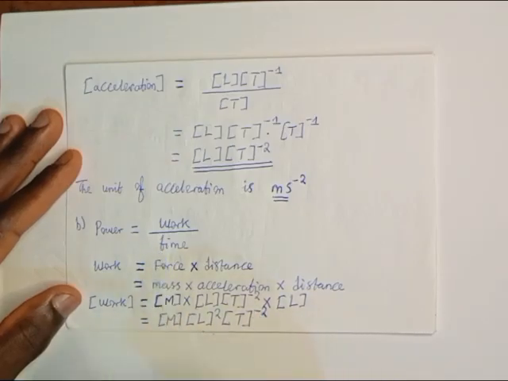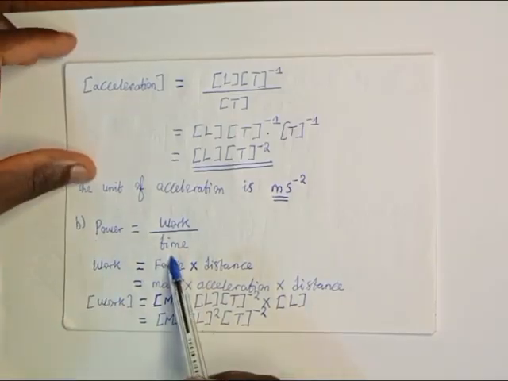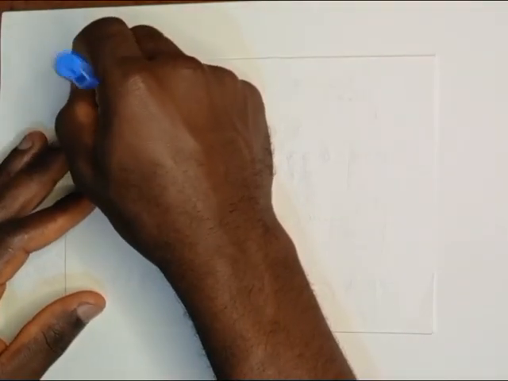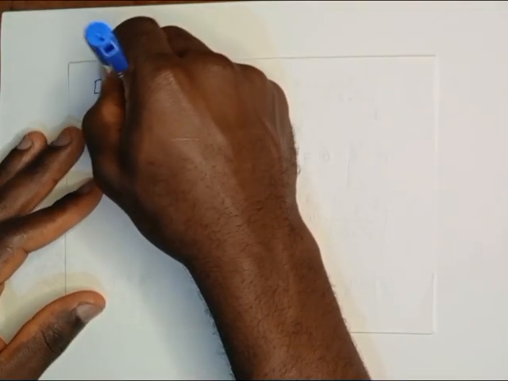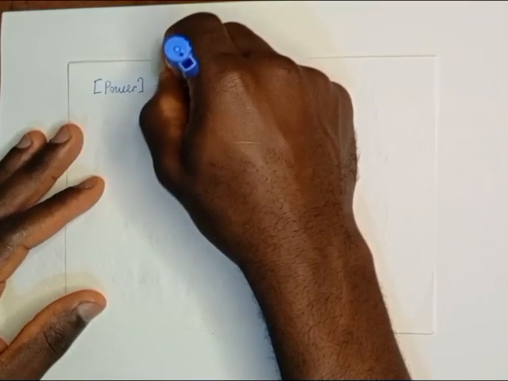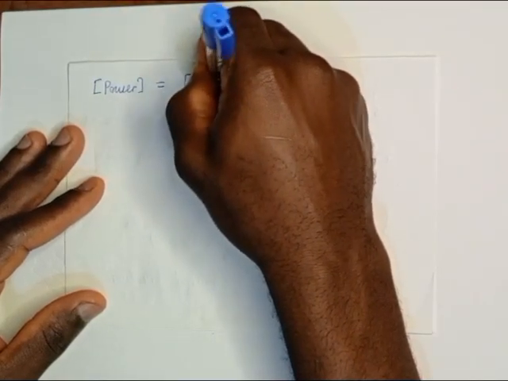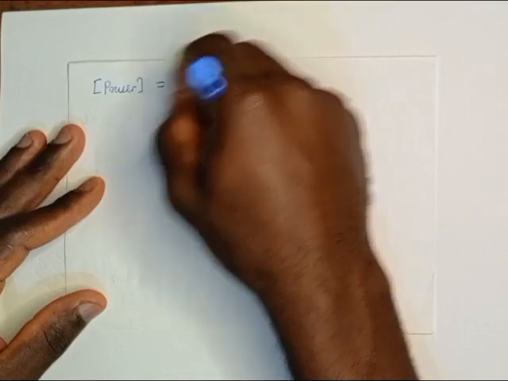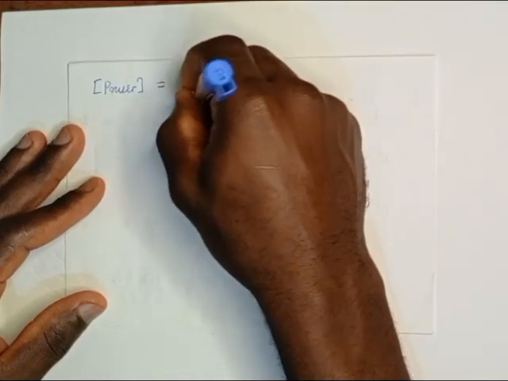Then we divide by the dimension of time to get the dimension of power. The dimension of power is simply equal to the dimension of work divided by the dimension of time.